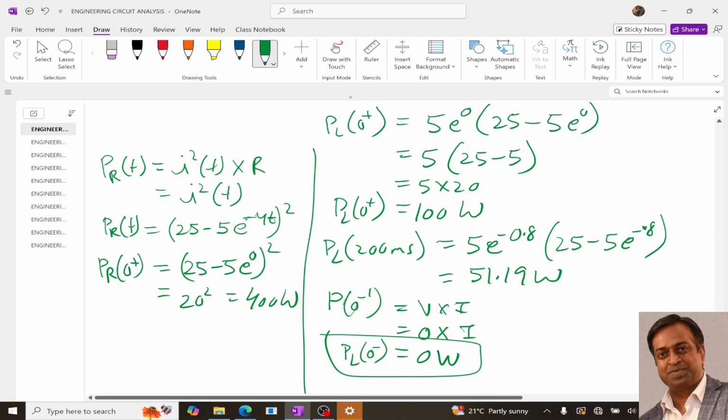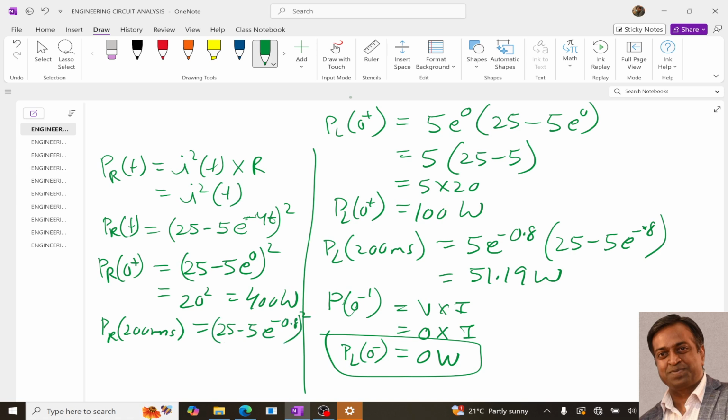For 200 milliseconds, substituting the value, we get 25 minus 5 e power minus 0.8 whole square. So we will get the value as something like 517 watt.